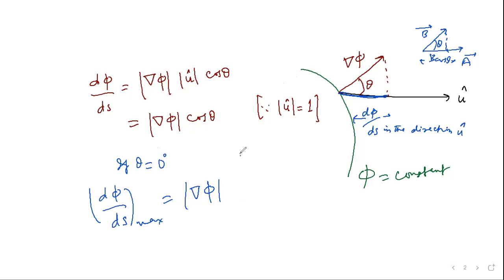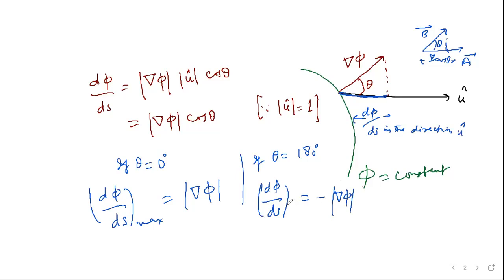Now if we go in the opposite direction, if theta is 180 degree, then cos 180 degree is -1, then d phi by ds will have largest negative value, and that largest negative value will be minus del phi, the magnitude of the gradient of phi.